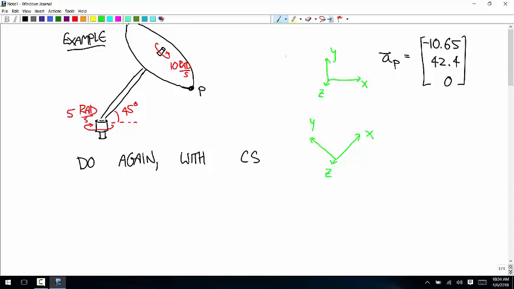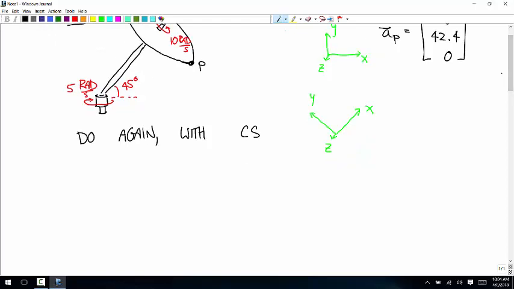Same origin, and then we'll do it one more time with the origin somewhere else. So the origin is still here, that red dot there.